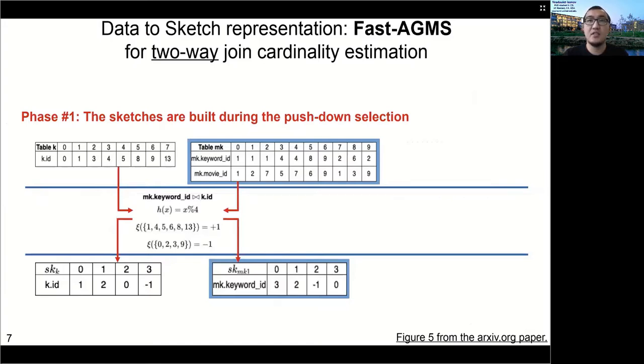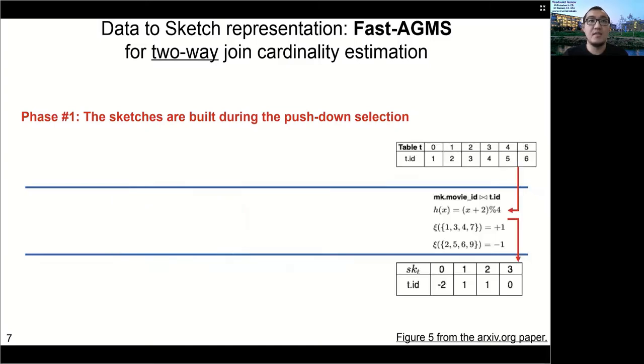The same hash function is used to build the sketch for the MK on attribute keyword ID that joins with table K. And since table MK has a separate two-way join with another table T, we build a sketch for the table T using a different hashing.